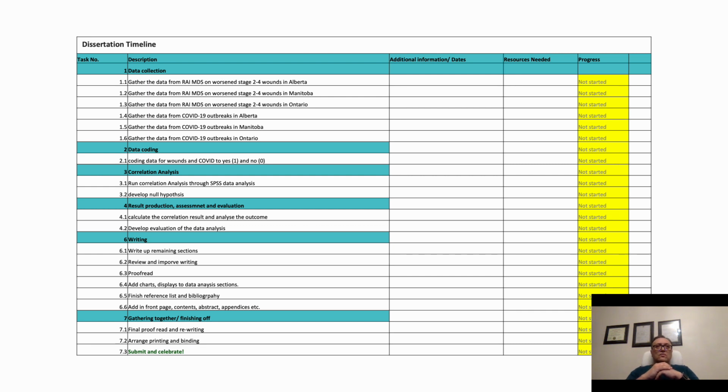So most probably the data will be from many resources which are reported to Ministry of Long-Term Care in Canada.